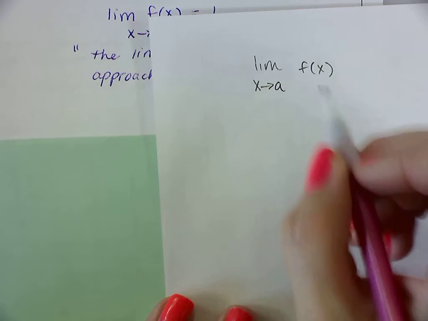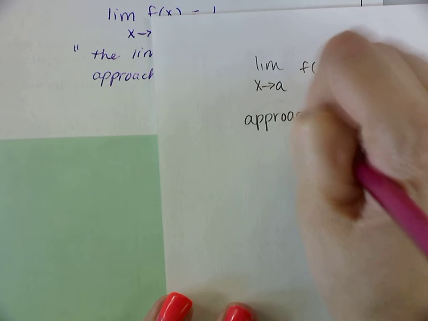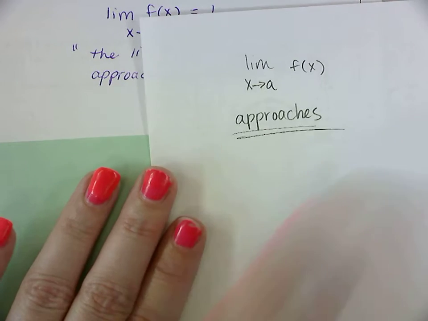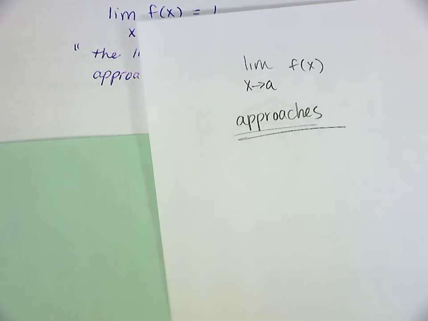So whenever you're doing a limit, the main thing that you want to realize about a limit is that it approaches a certain value.